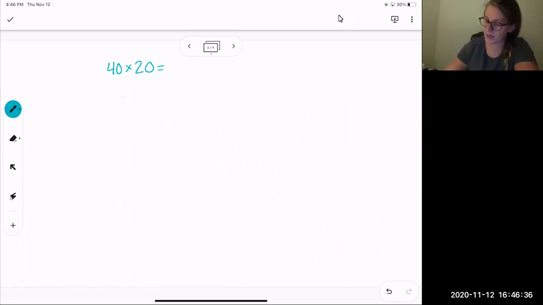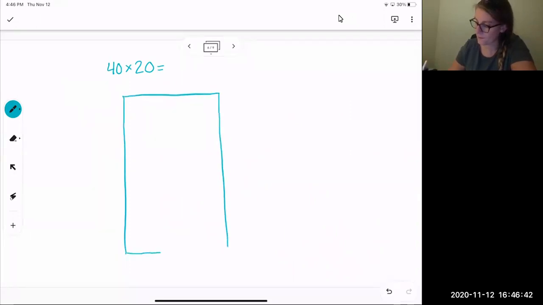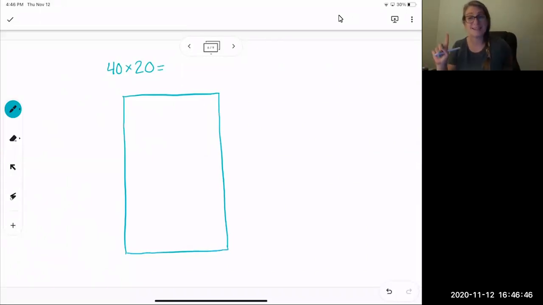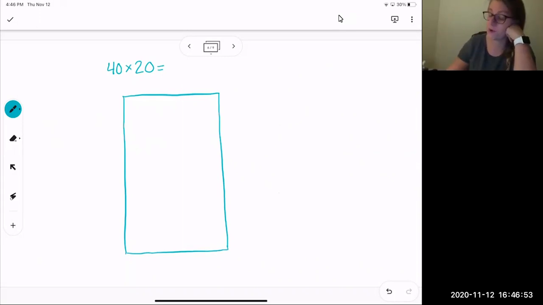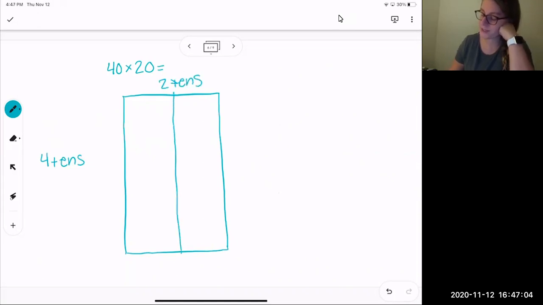So we're going to draw a rectangle that is 40 by 20, but that's going to take us a long time to draw all those little squares. So what we could do is 4 tens by 2 tens. And we can show that each piece right here is a 10.